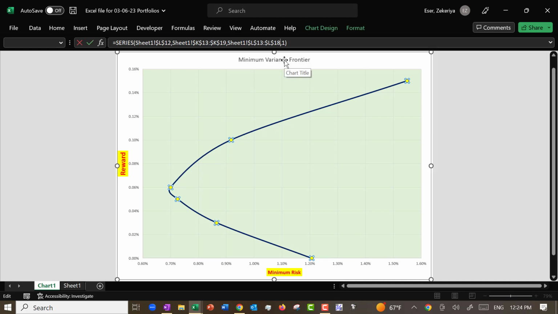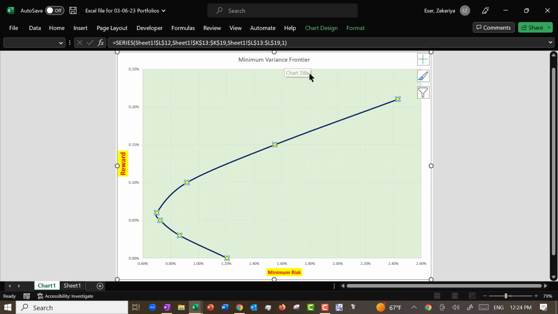This little point, okay? About 0.20 return and 263 risk. Just by going up and to the left, I get another portfolio that dominates the S&P 500. And let's see what kind of portfolio that was.